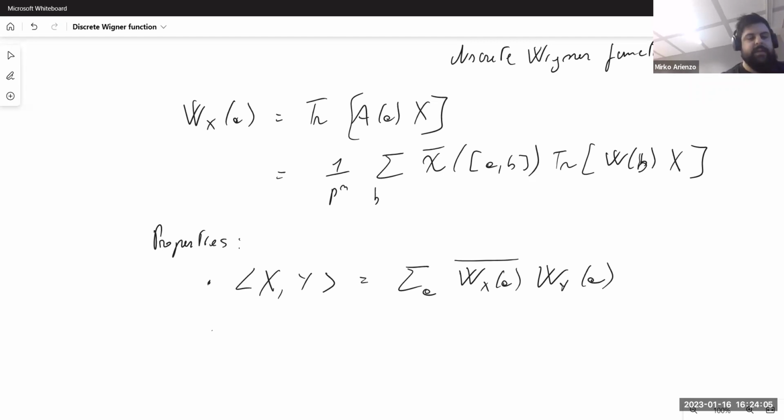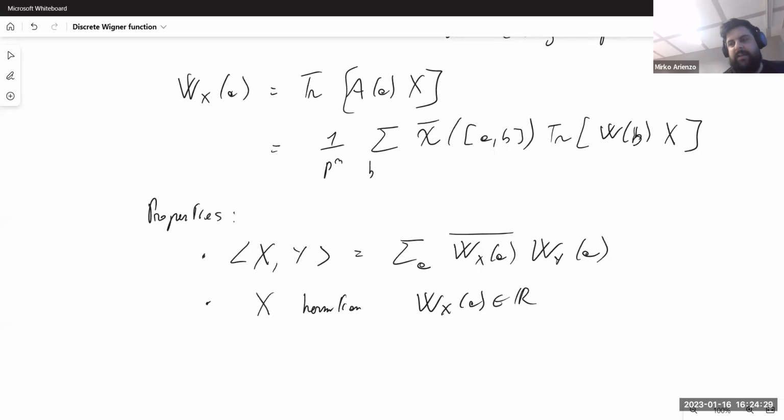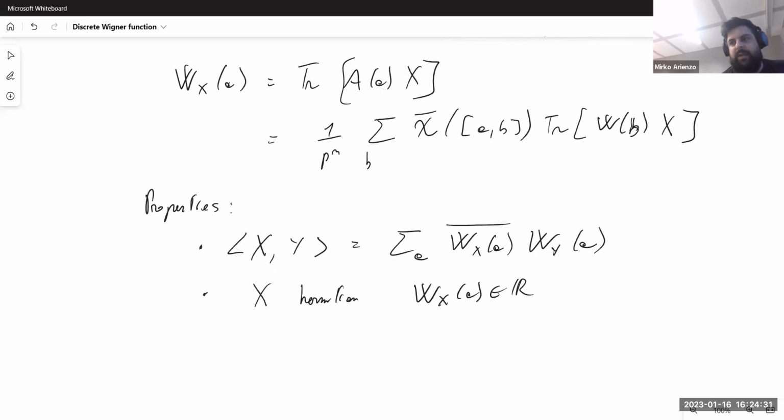And if you consider this Wigner function on states or in general Hermitian operators, this is a real function. Of course, it's not always non-negative, so it cannot be seen as a probability distribution for arbitrary operators.